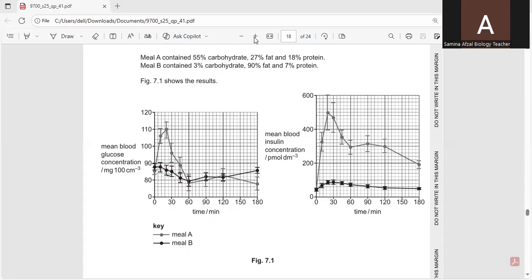So there is a low insulin response. Due to the minimal rise in blood glucose, the pancreas is not significantly stimulated and the insulin concentration remains low and steady. As the blood glucose concentration drops, the alpha cells of the pancreas are stimulated to secrete the hormone glucagon. So glucagon triggers the liver to maintain blood glucose through two processes.